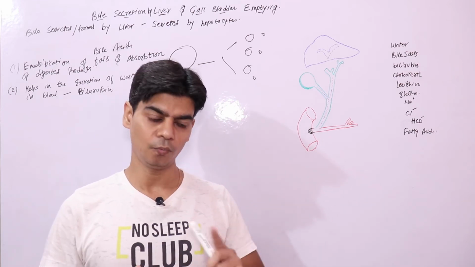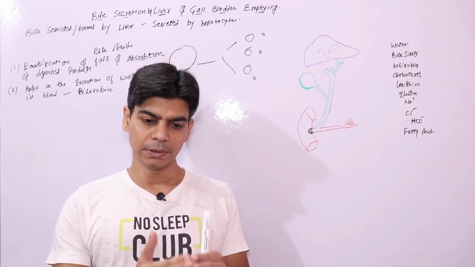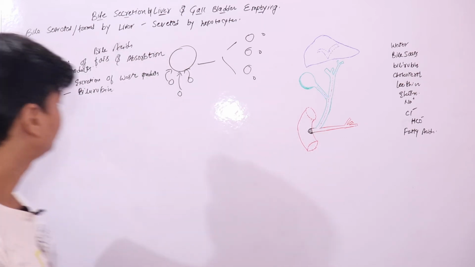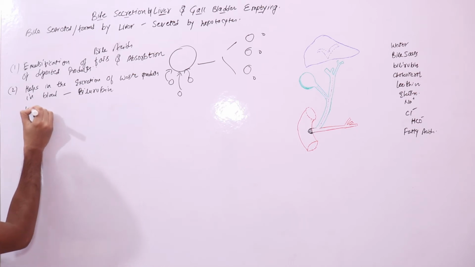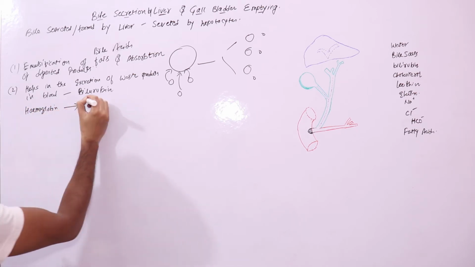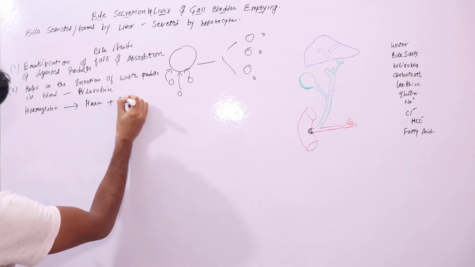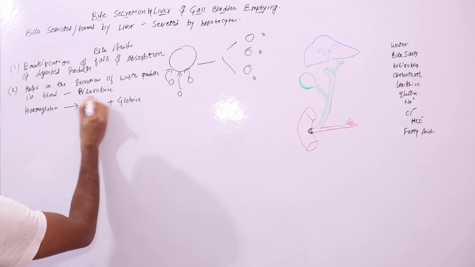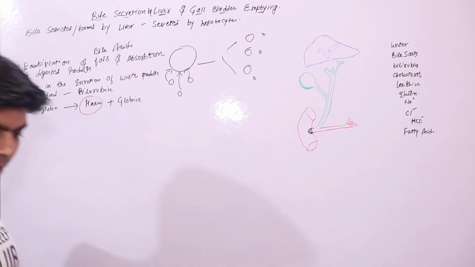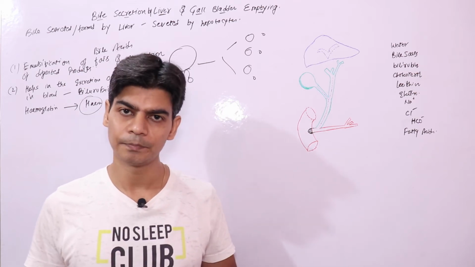Now when the red blood cell dies, this hemoglobin breaks into heme and globin, and this heme is a ring. When the heme ring breaks, the iron is absorbed in the blood.